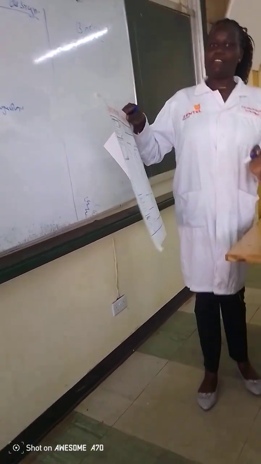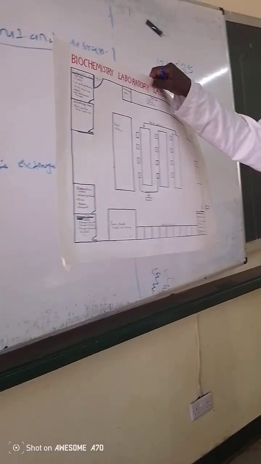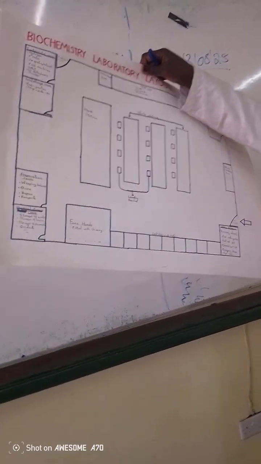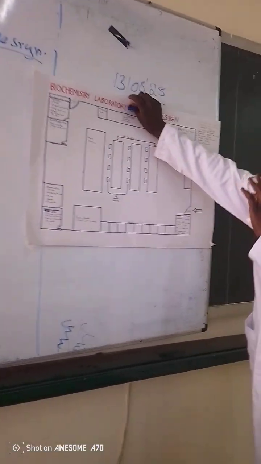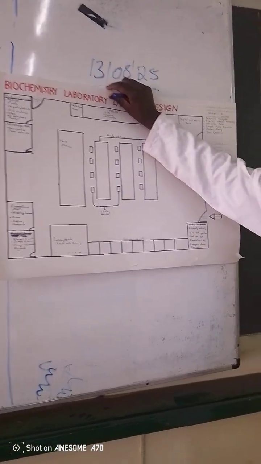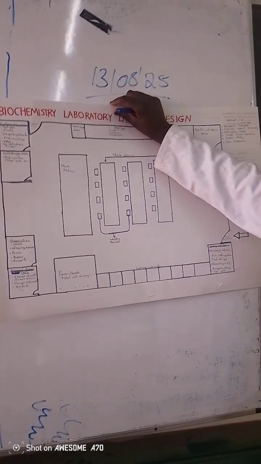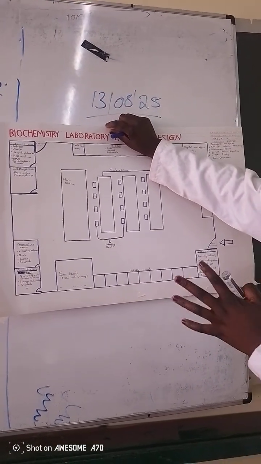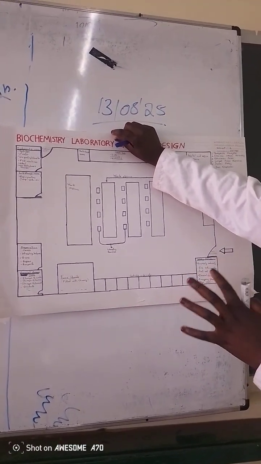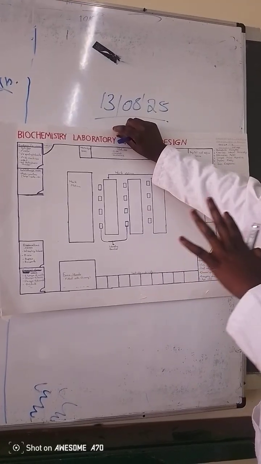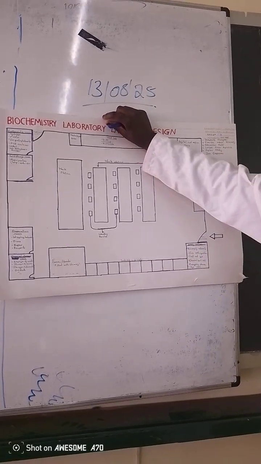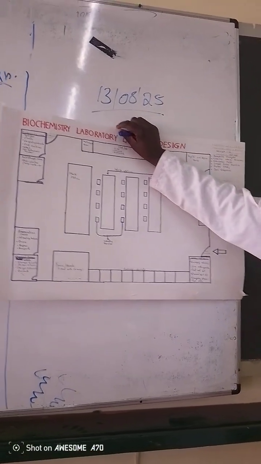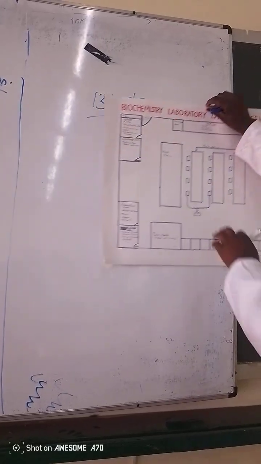In the remaining 5 minutes, you can just have a look at it as we summarize, so that you can also know how the lab layout and design can look like as I have explained in the theory side. Is that okay? So I think that is the end of our lesson today.